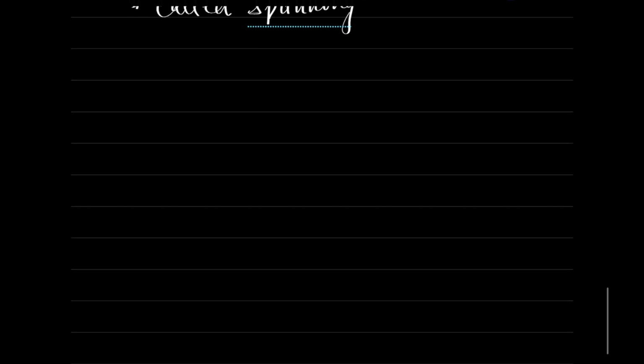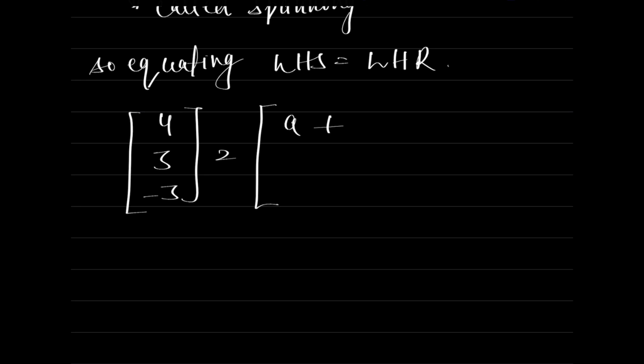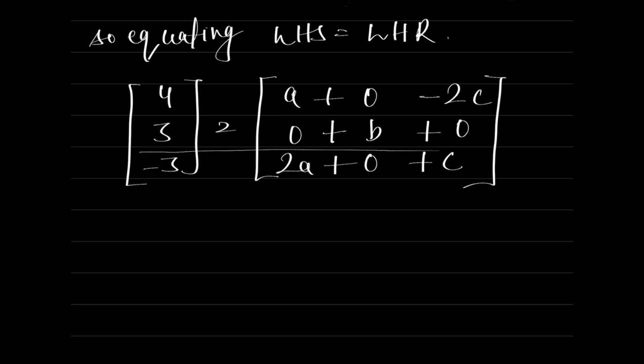So we will equate LHS equal to RHS for values: (4, 3, -3) is equal to (A + 0 - 2C, 0 + B + 0, 2A + 0 + C). Equating, B will become 3.